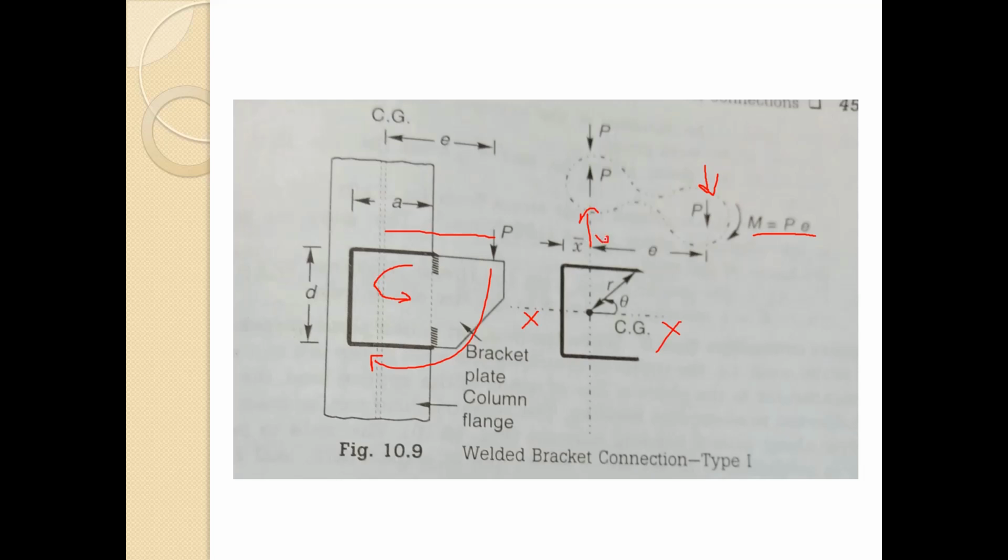This is YY, which is somewhat shifted in this direction because of the weld provided here. So this R is nothing but the distance between this extreme weld and the CG of the weld group, and theta is the angle of this particular R.